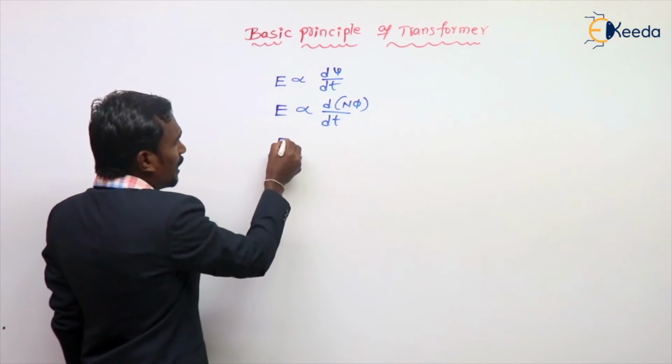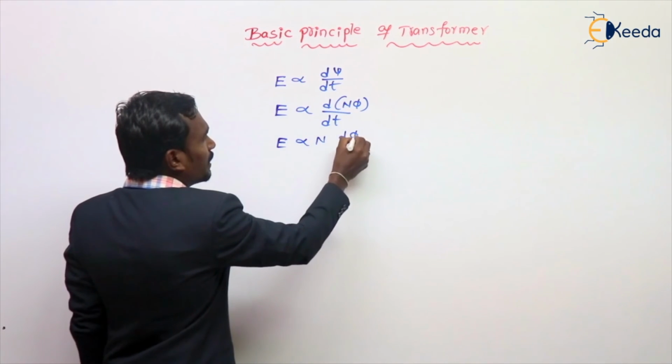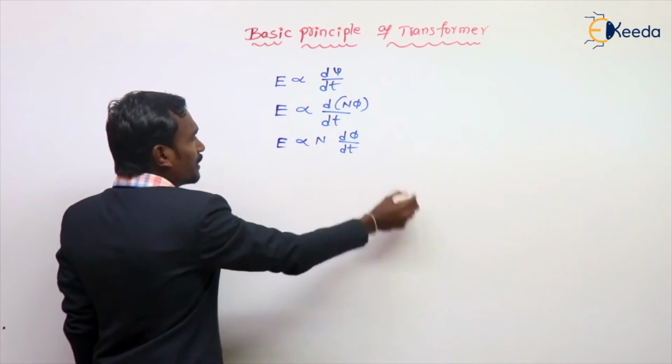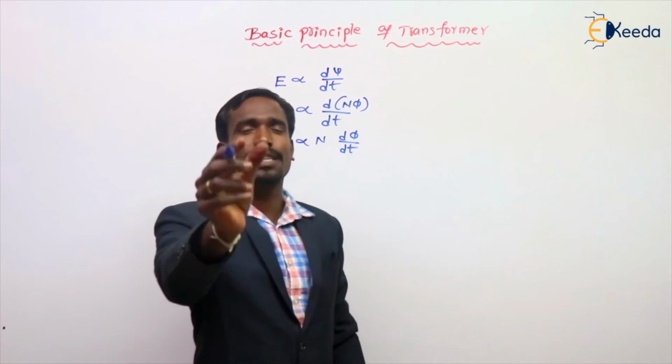The statically induced EMF is directly proportional to N into d phi upon dt. This is the magnitude of EMF induced in the transformer.